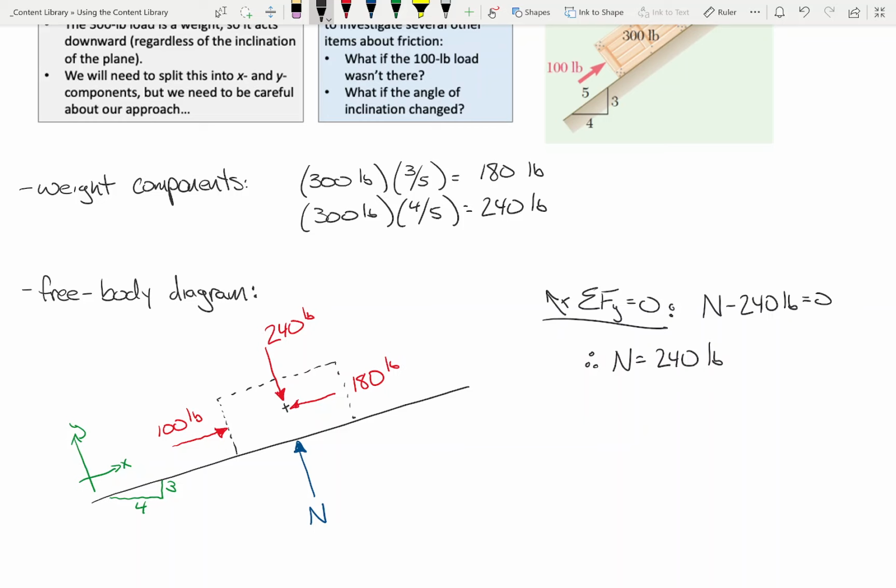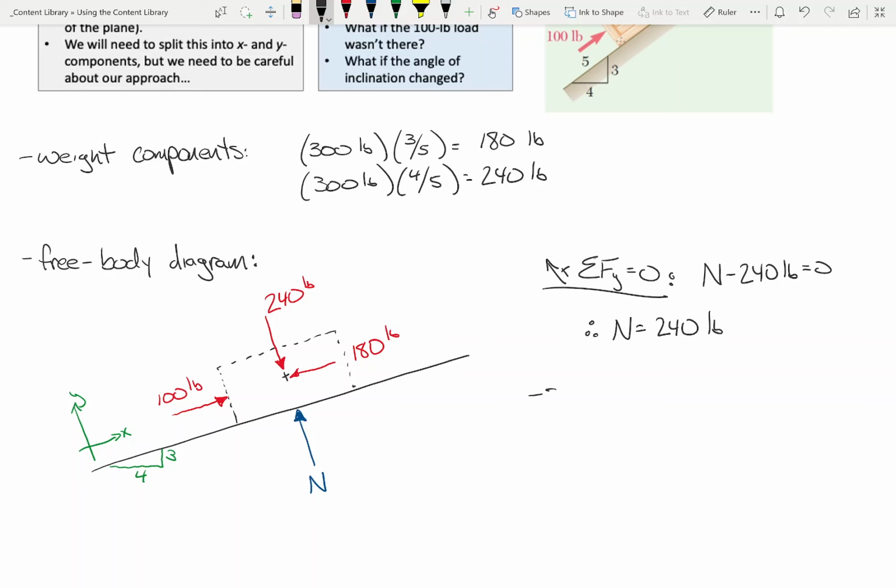So far, so good? Okay, now, I think what we ought to do, given this scenario, is let's suppose the box is sliding down the ramp.